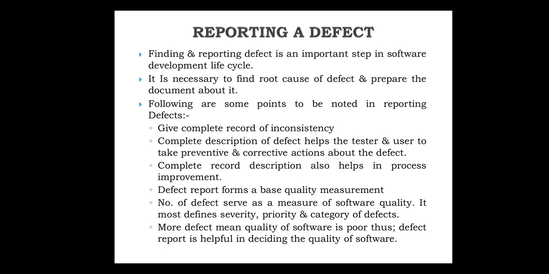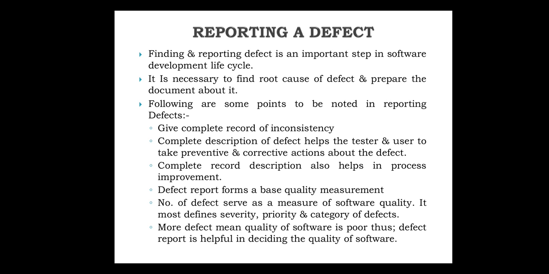So there is a need to have a complete description of the defect. It will help the tester in taking particular preventive and corrective actions. Next, a complete record description also helps in process improvement.